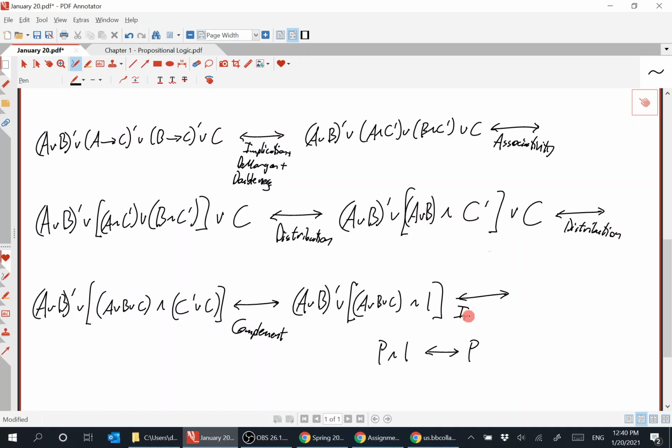That was called the identity. Right, so and 1, that's like a multiplicative identity or something like that. It's like multiplying by 1. So this just becomes A or B not, or A or B or C, and then that other extra parentheses can go away because that conjunction is gone.